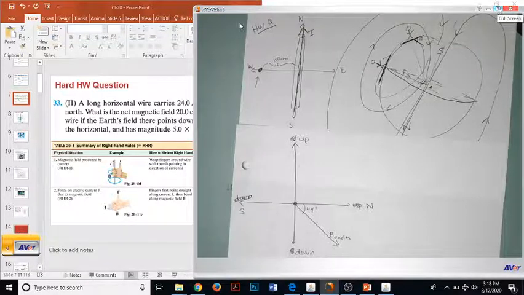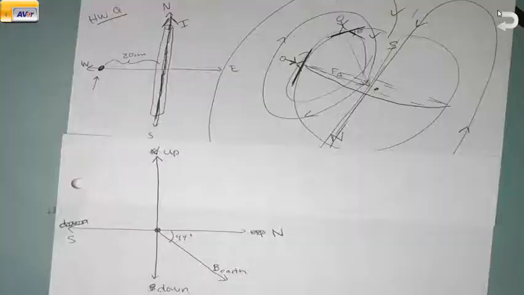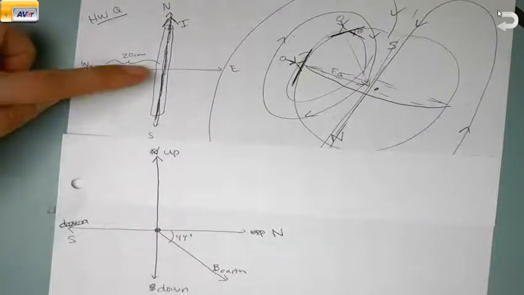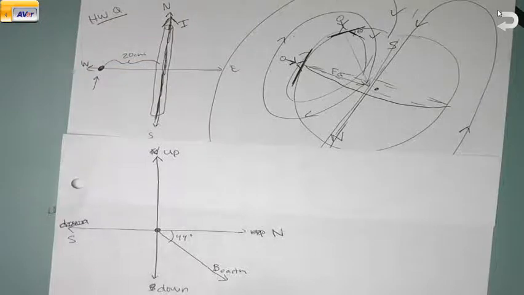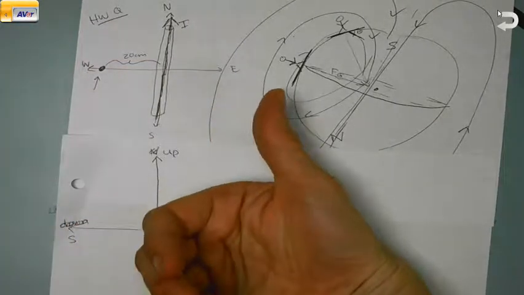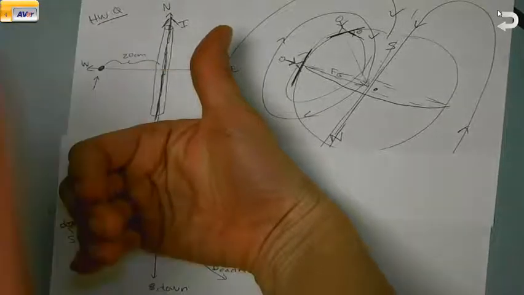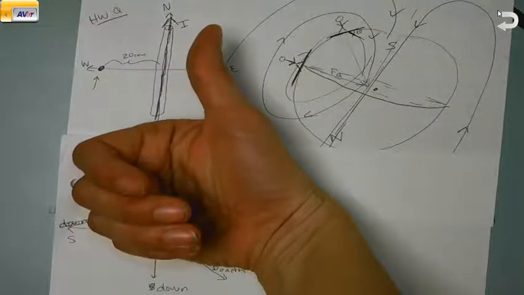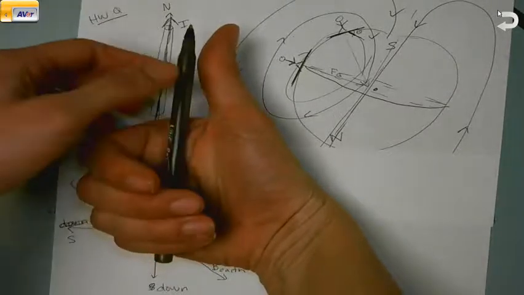So we're going to use this first right-hand rule. Our thumb is going to point in the direction of the current, and our fingers will wrap in the direction of the magnetic field. So I'm going to put my thumb in the direction of the current. The current is going to the north, and now my fingers are wrapping in the direction of the magnetic field.